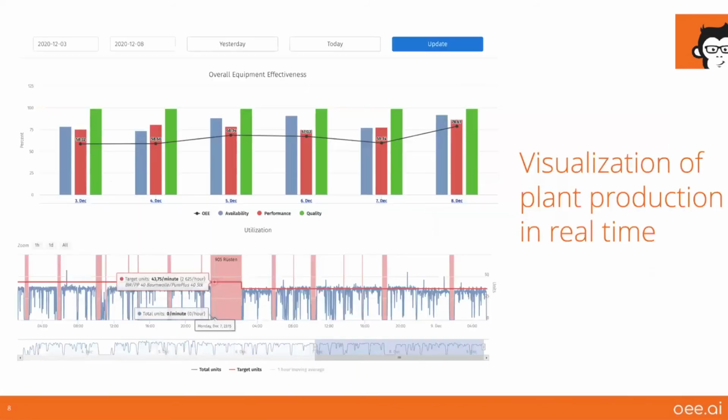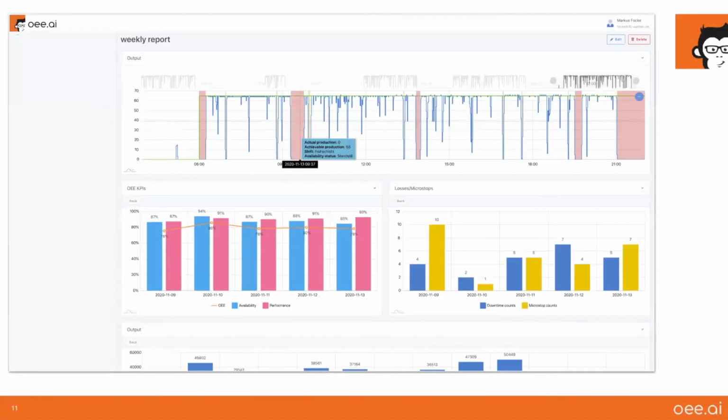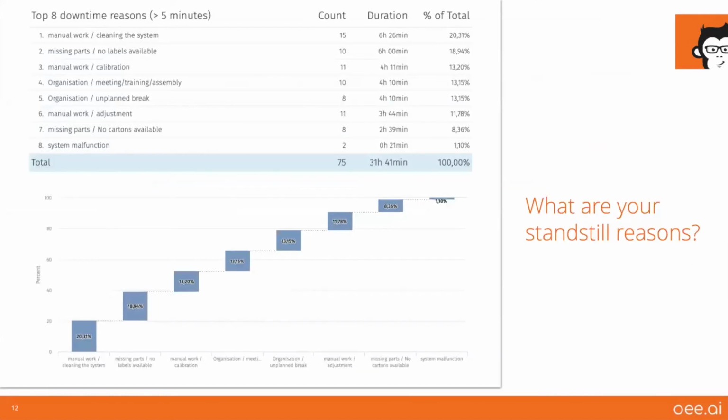As soon as it discovers a loss, the iPad pops up and shows the loss catalog. And the loss catalog is different. If it's a quality loss, it's green, it asks for the quality reason. If there's a performance loss, it's red, it asks for the performance loss reason. And if it's a standstill, it asks for the availability loss. And then you easily get those graphs to show it.